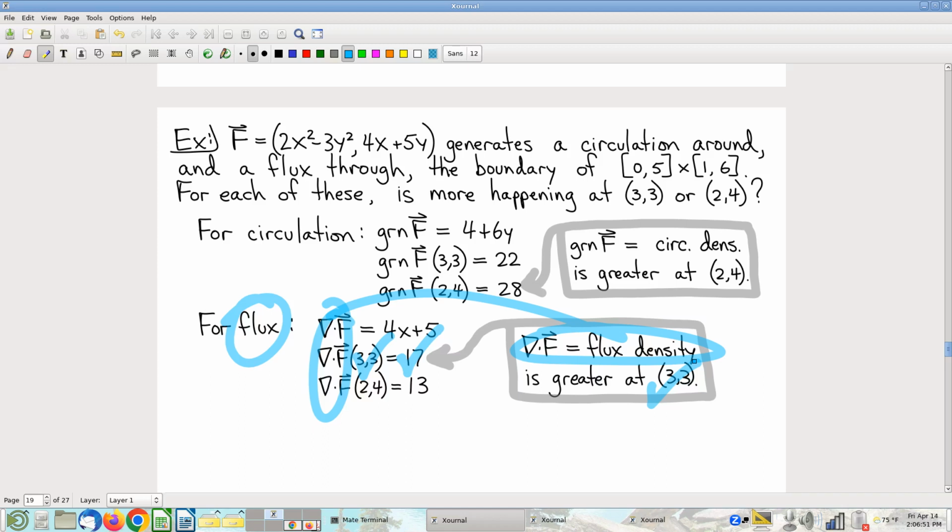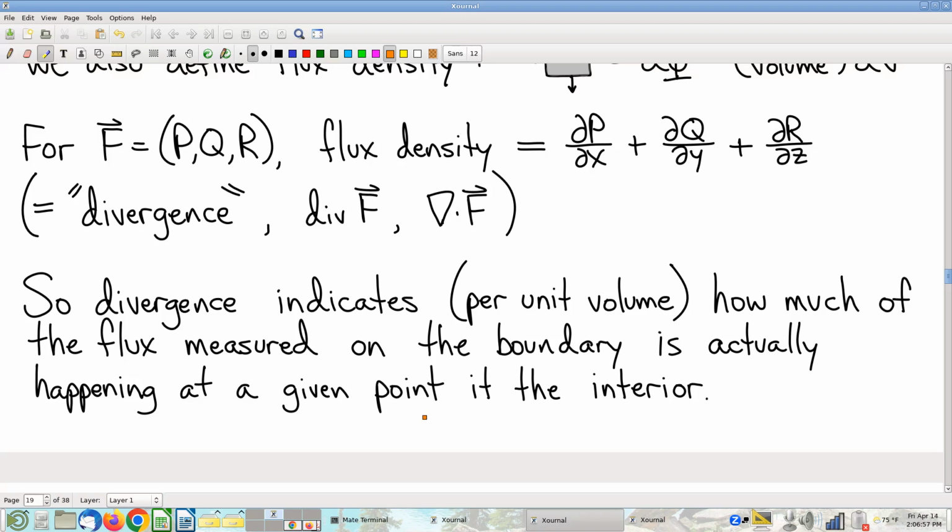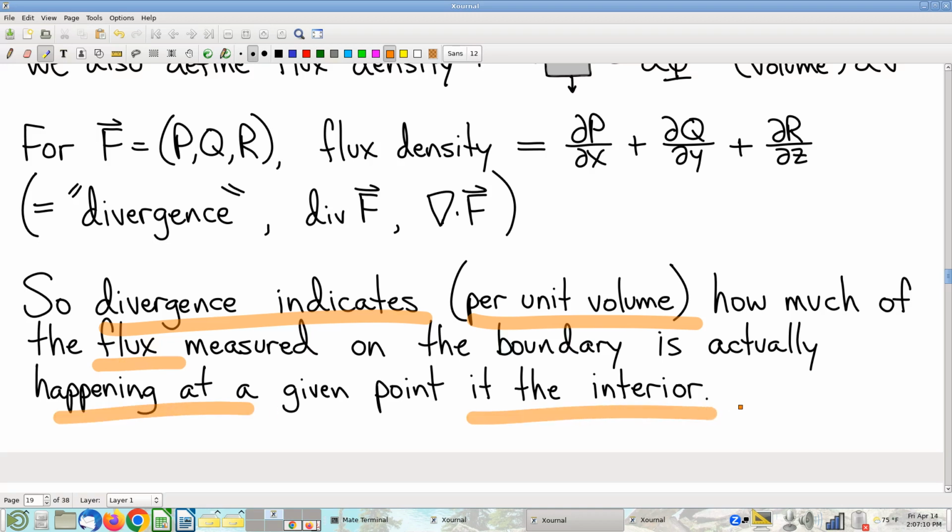So just like with the derivative, just like with Green's operator. And so now back to three-dimensional divergence. Again, divergence indicates, per unit volume, of course, where the flux is happening in the interior.